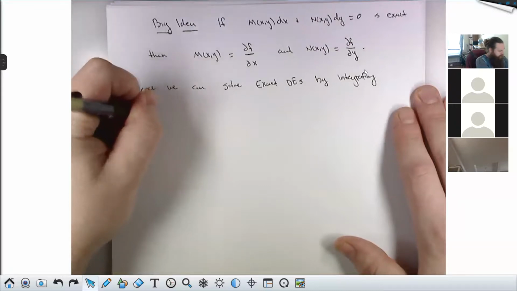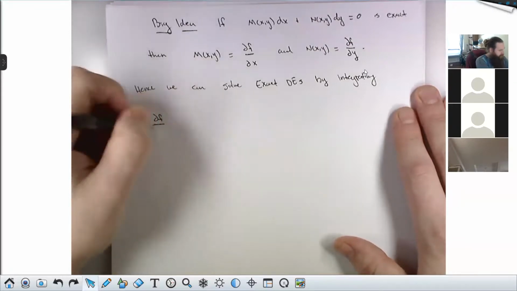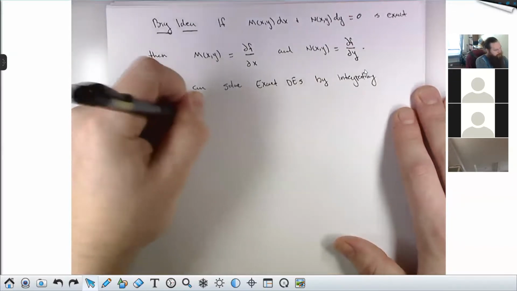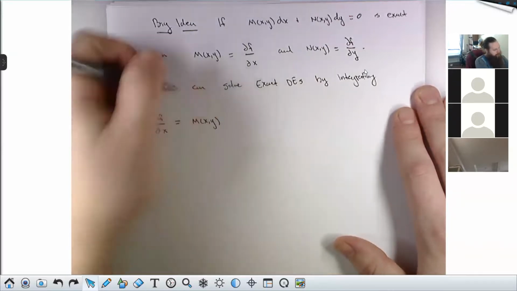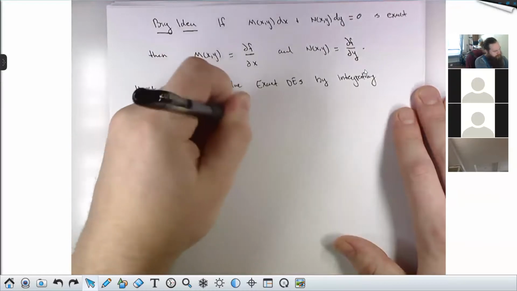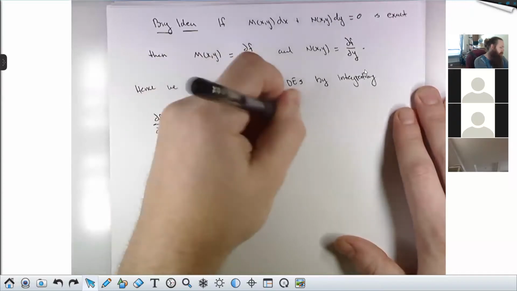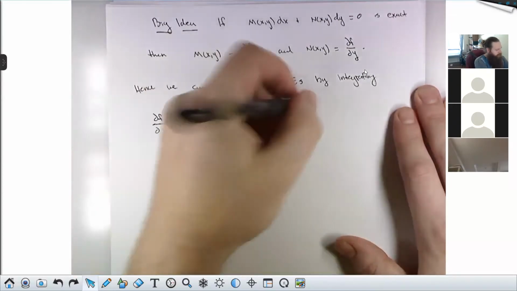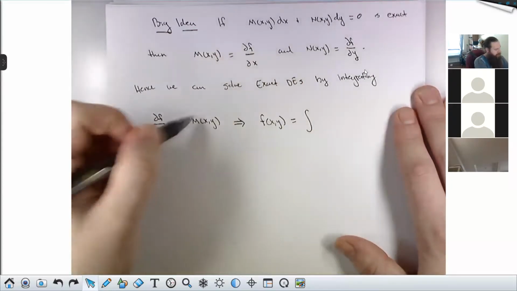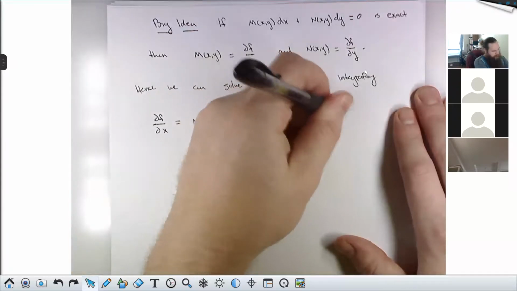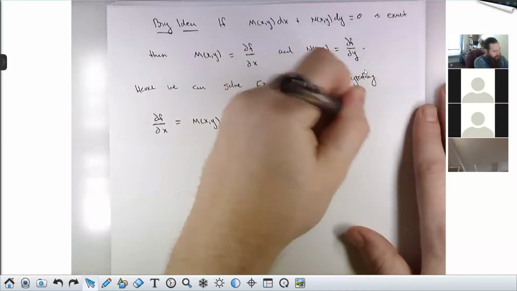Since df dx is equal to m, we see that f should be equal to the integral of m done with respect to x.